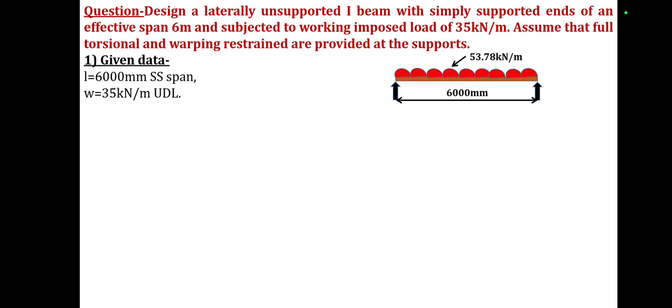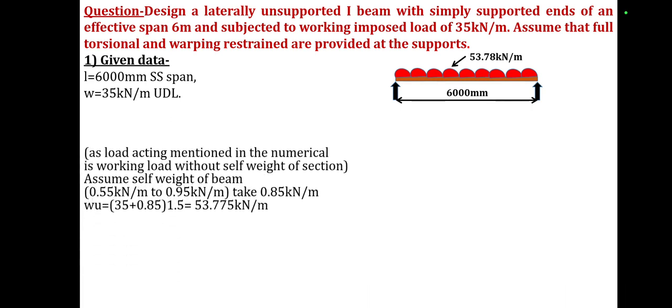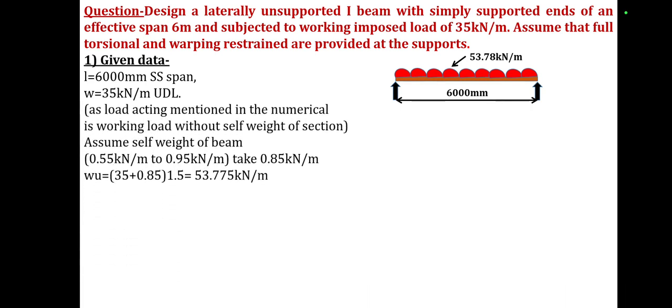So first, our first step is to write down the given data. Here the span is 6000 mm, that is 6 meter, and the working UDL is given as 35 kilonewton per meter. But as the load mentioned in the numerical is the working load, without including the self weight of the section, we need to assume the self weight of the beam first.